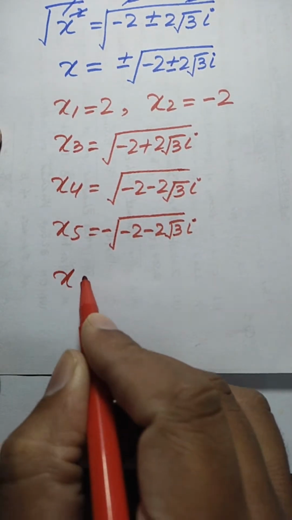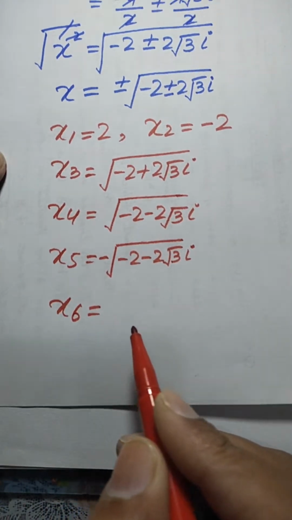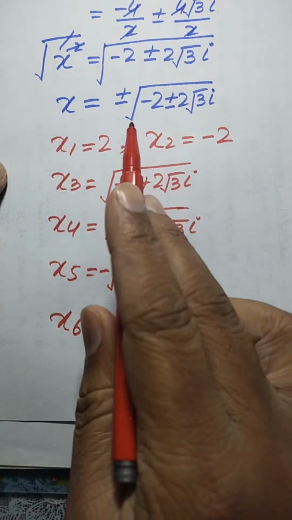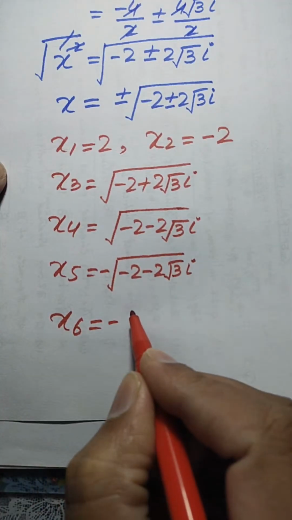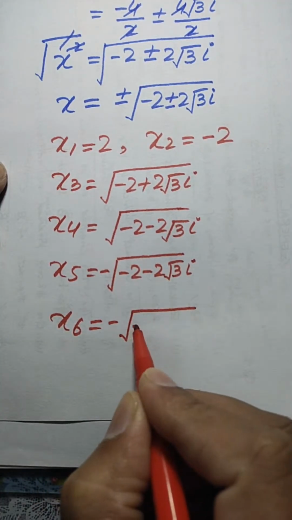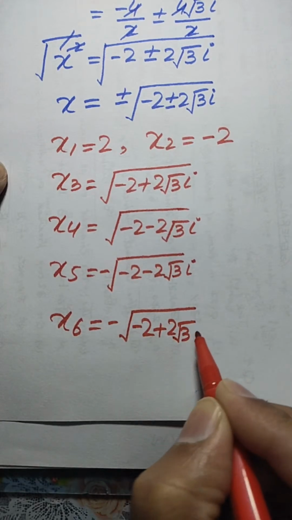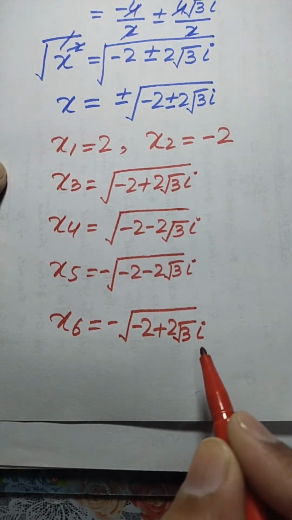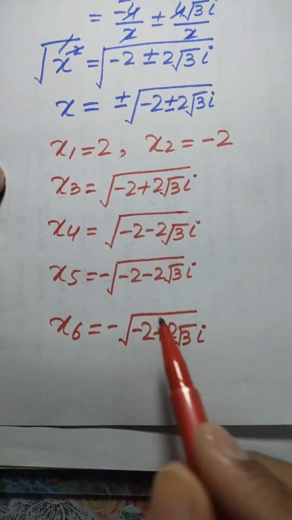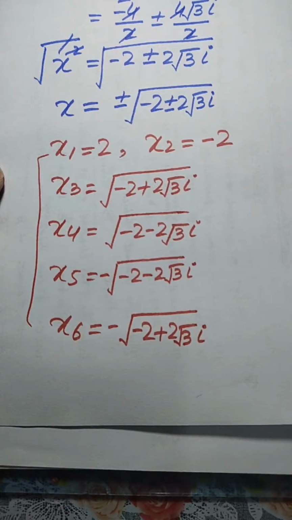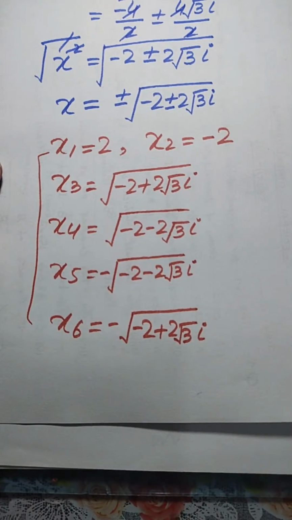And our sixth root is x6, and again we choose the outside negative value and the inside positive value, so it becomes minus the square root of minus 2 plus 2 times the square root of 3 into iota. So these are the total 6 roots of the given equation, which we can write here. This is the final answer which we get in this problem.